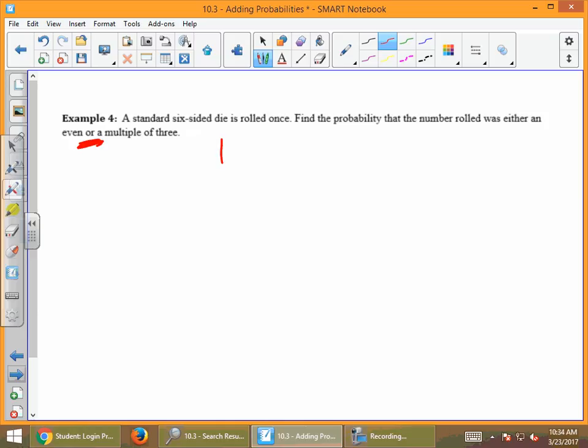Probability of the first thing. What's the first thing we're trying to find the probability of? Even. Good. Plus, what's the second thing? Multiple of 3. Just abbreviate. Minus probability of both.